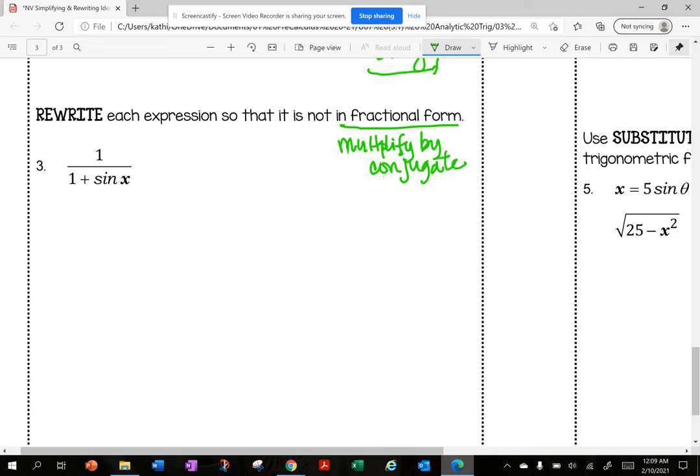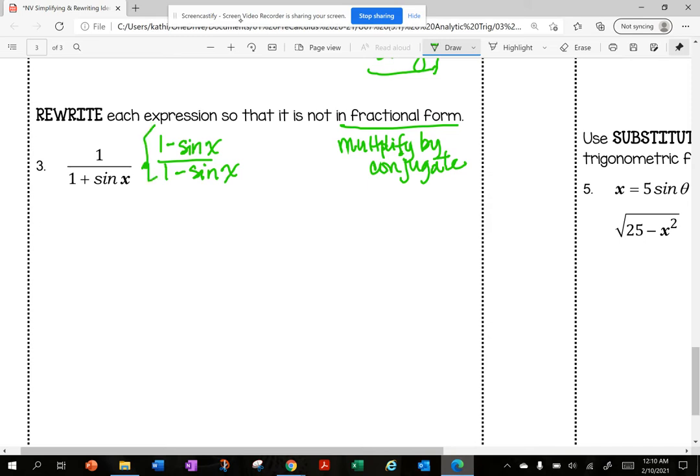And the purpose of that was to eliminate the 2 middle terms, so I could write my complex number in standard form. So I want the conjugate of the denominator. If I have 1 plus sine of x, the conjugate is 1 minus sine of x.